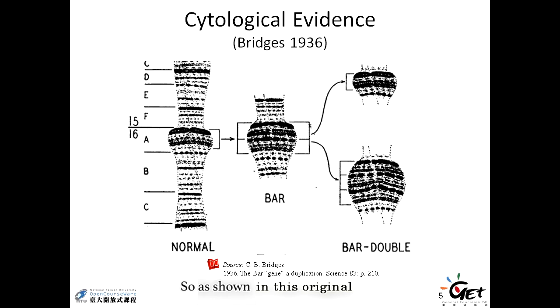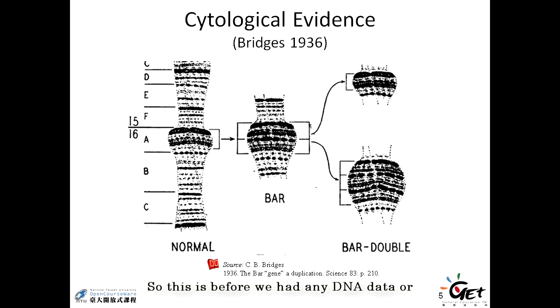As shown in this original figure from his paper in Science, you can see at the cytological locus, he can illustrate the bar indeed has a duplicate sequence of the wild type. Then after the unequal crossing over, you will regenerate the wild type locus and also the ultra bar. That's the three copy of the bar sequences.